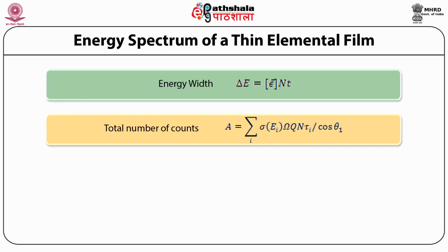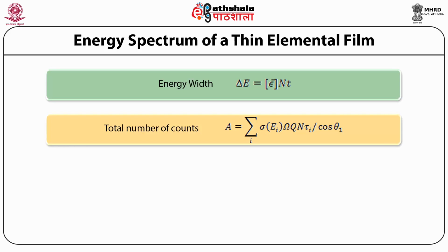This energy is most readily arrived at by computing the energy that the particle loses along its incident path, which is N times xi divided by cos theta 1 times epsilon of E in, and subtracting it from the incident energy E0. So, Ei is equal to E0 minus N xi divided by cos theta 1 multiplied by epsilon of E in.